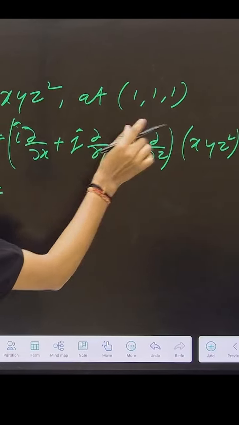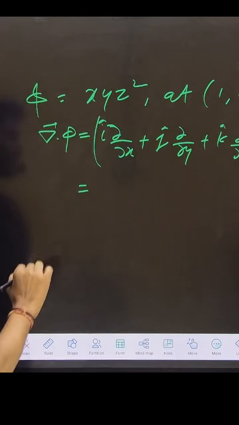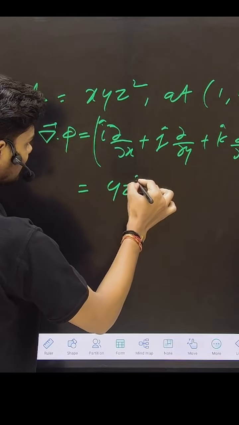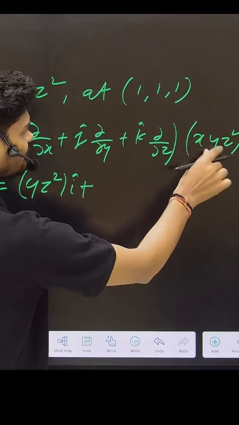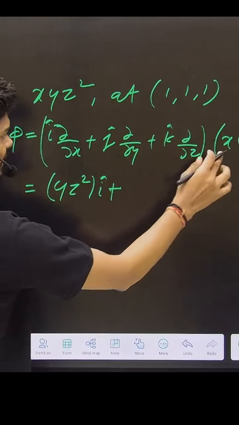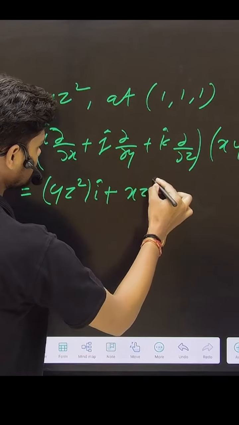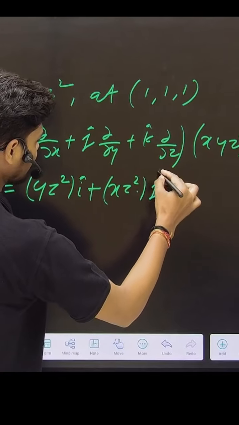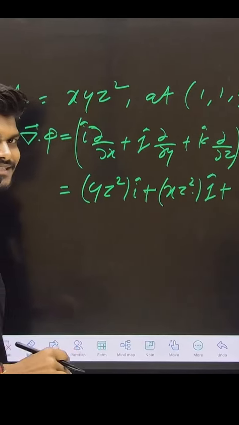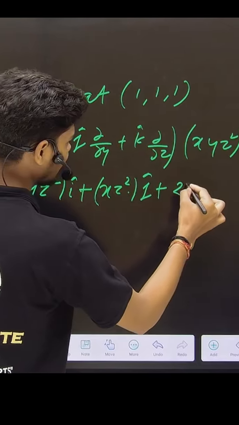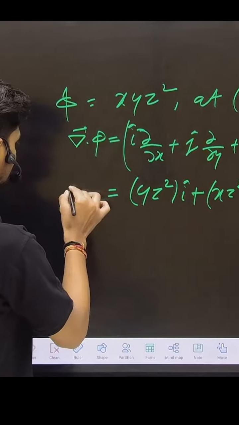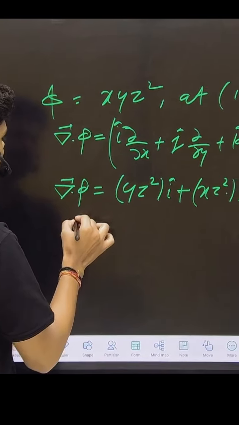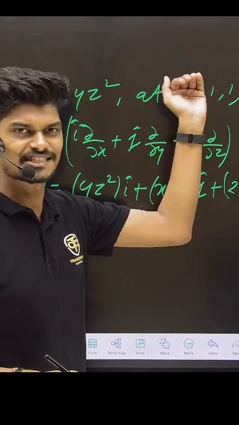If we differentiate this function with respect to x, we have y z square i cap plus, if we differentiate with respect to y, we have x z square into j cap. If we differentiate with respect to z, we have 2xyz k cap. This is the gradient.